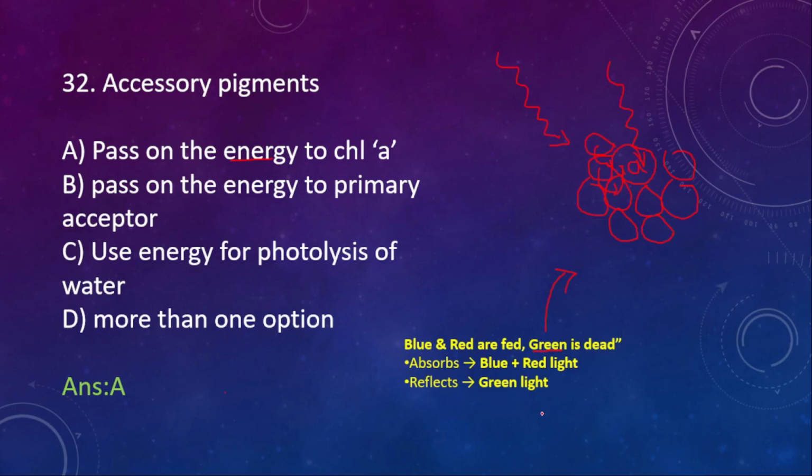That is why our plant looks green in color. But the plant is absorbing light in two regions, the blue one and the red one. That is why blue and red light are fed, and green is dead, and our plant looks green in color.